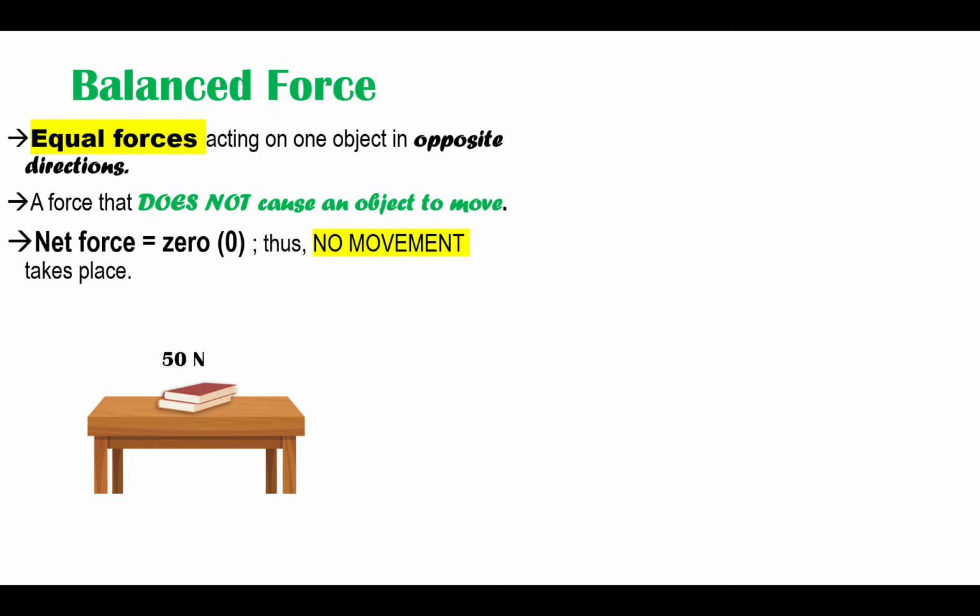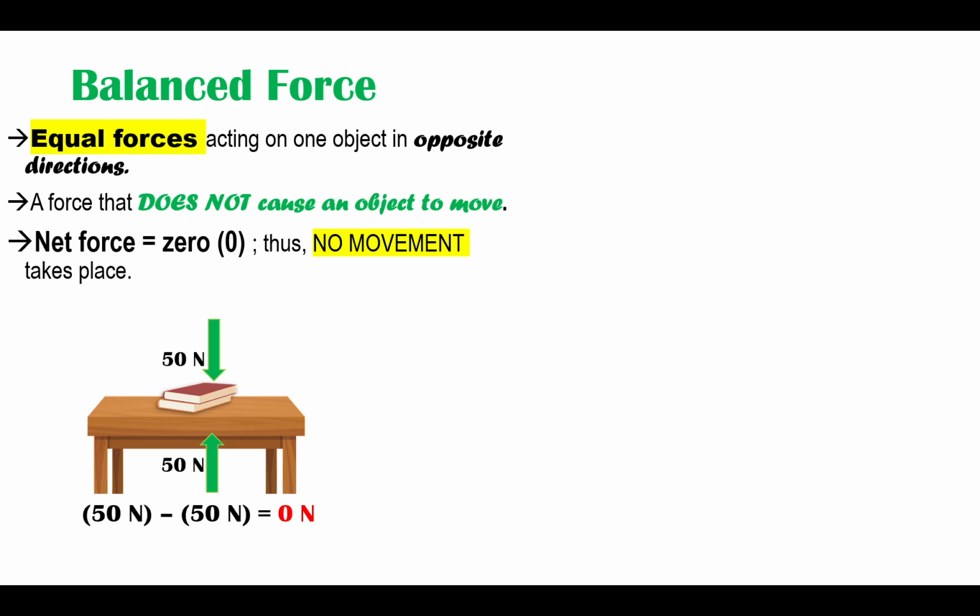Another example is a book resting on a table. Gravity applies a downward force on the book, so that signifies its weight. And the table provides an equal upward force called a normal force. These forces are equal and opposite, so the book remains at rest.